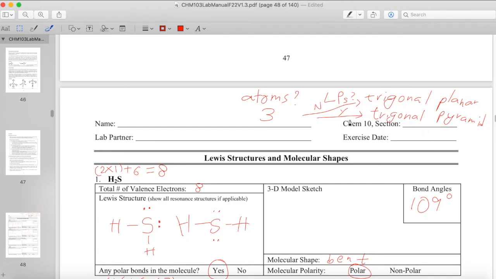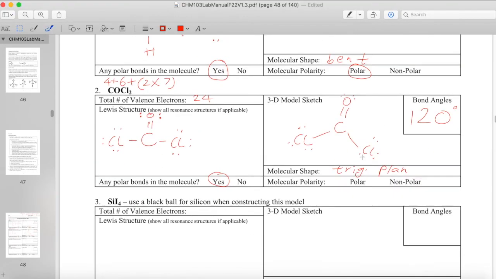Okay, so that's the key thing to realize. If you have three atoms around your central atom, you know the name's going to be trigonal something. Those three atoms are going to form a triangle. If there's no lone pairs, the molecule is going to be flat or planar. If there is a lone pair, it's going to make a pyramid shape.